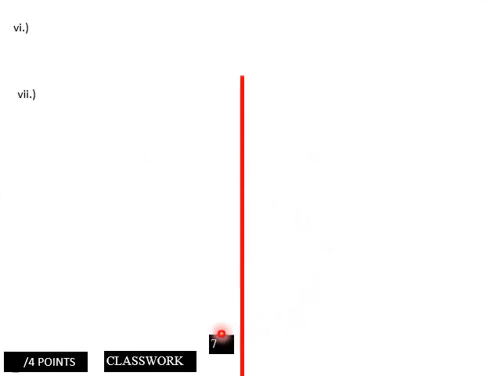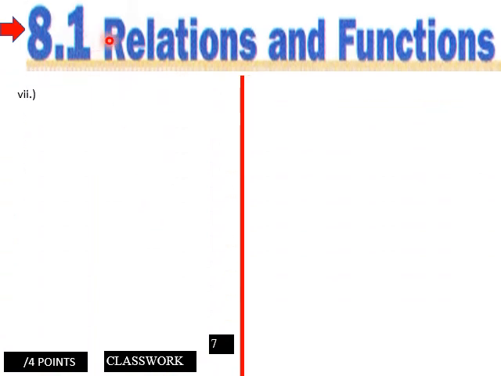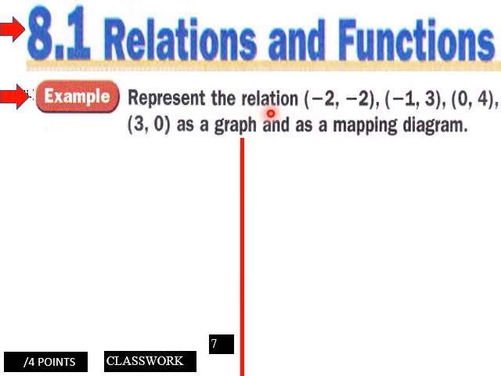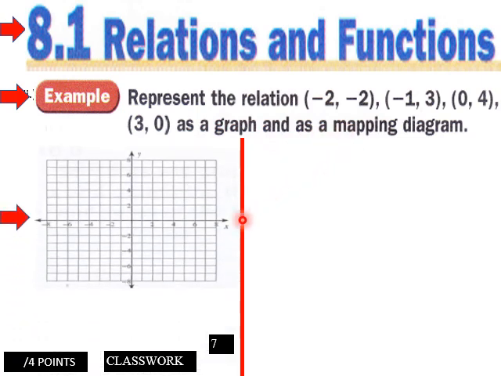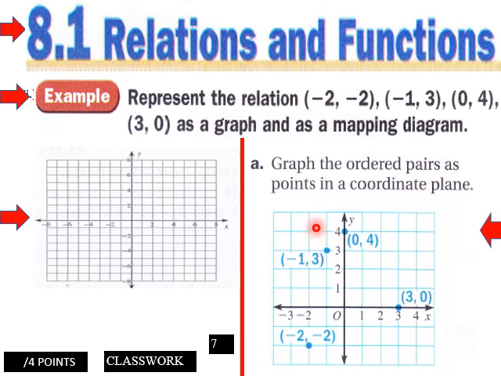Let's go into the first section of our review and summary. 8.1, relations and functions. Represent the relation, given these ordered pairs, as a graph and as a mapping diagram. Here's our grid to plot these points, and once you plot them, you should have a plot that looks like this: (-1, 3), (0, 4), (3, 0), (-2, -2).